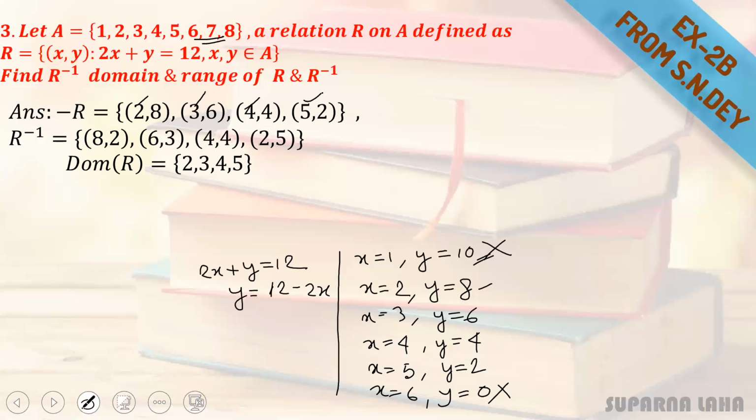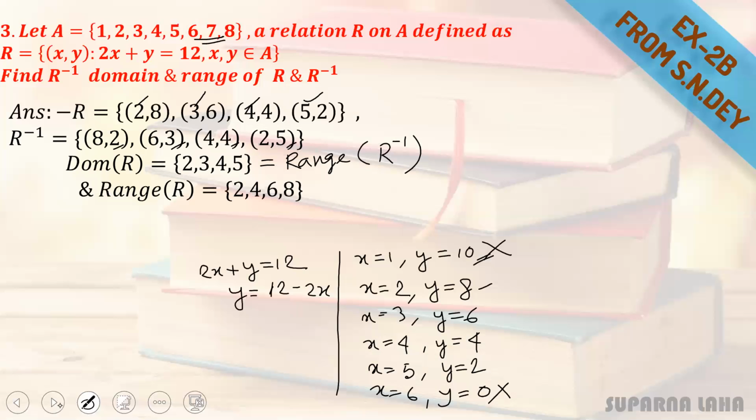And the domain of R is called the range for R inverse. Look here, range 2, 3, 4, 5. Next, the range for R is 8, 6, 4, 2. That is 2, 4, 6, 8. And which is the domain for R inverse.